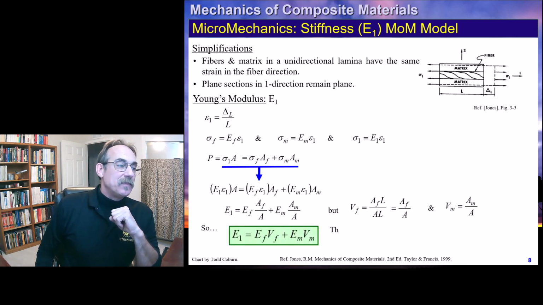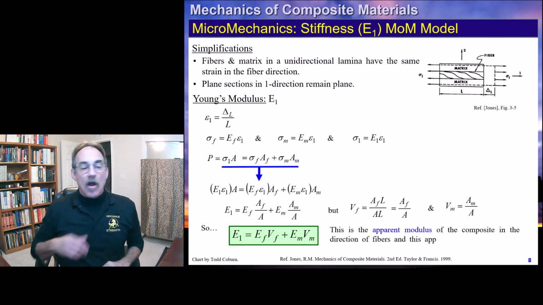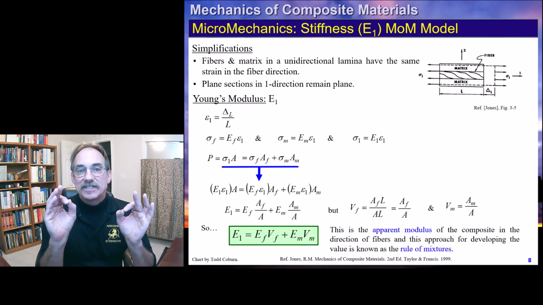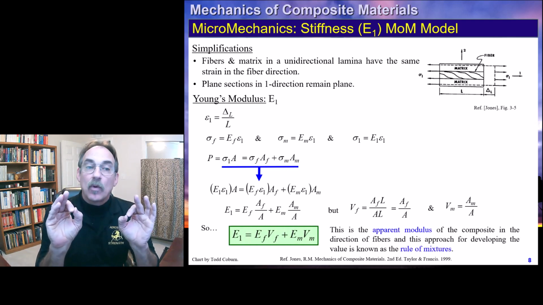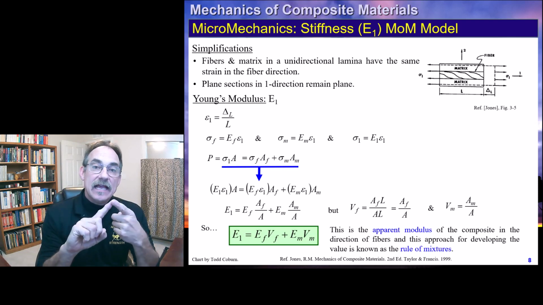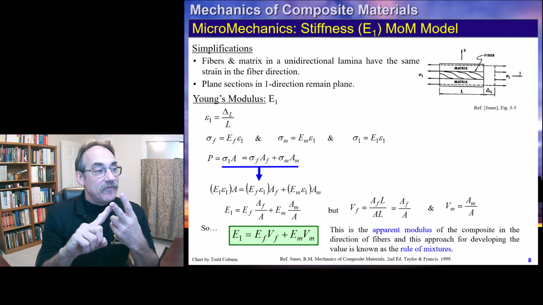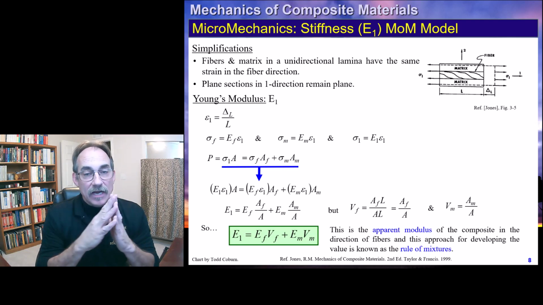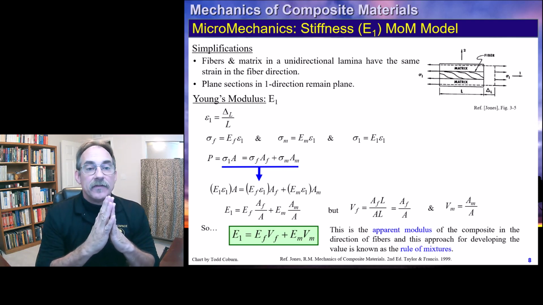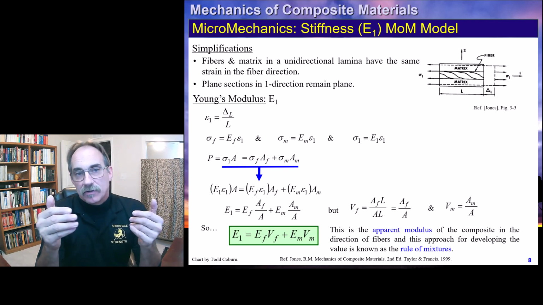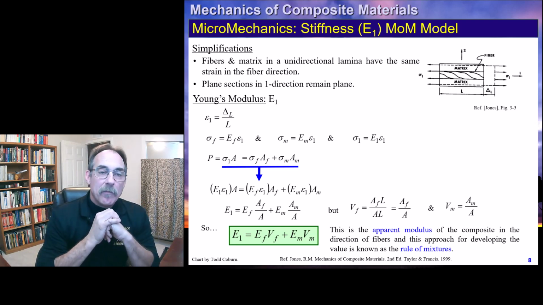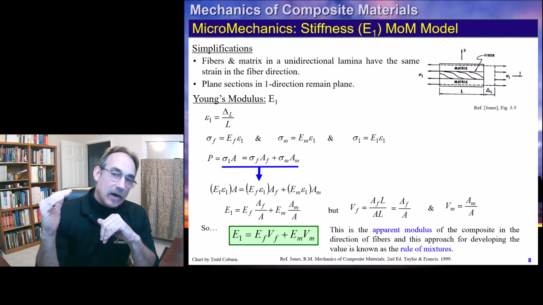If we plug those in, we now get our equation for estimating E1 for the lamina from the E of the fiber and matrix as a function of the volume fraction. This is the apparent modulus, or the approximate modulus, of the composite lamina in the direction of the fibers.